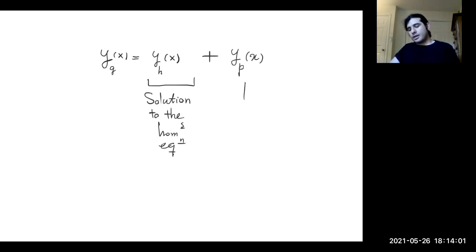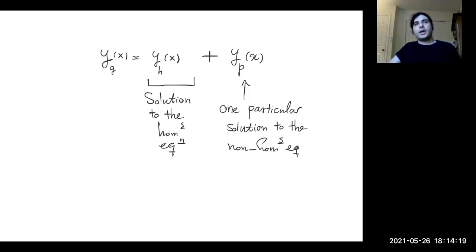That is one so-called particular solution, one particular solution to the non-homogeneous equation. What do I mean by that? Let's look at the equation we have again. This was the original equation we started with.